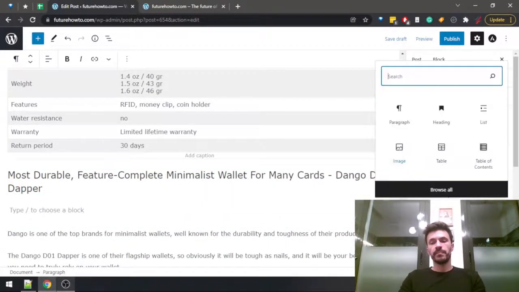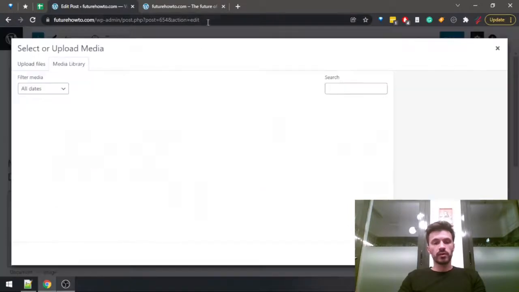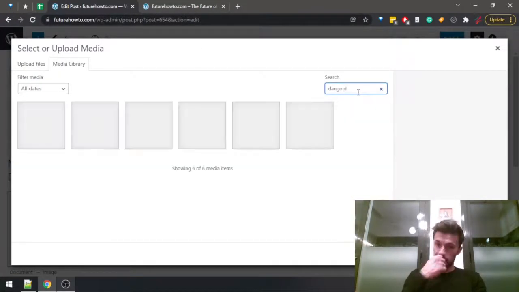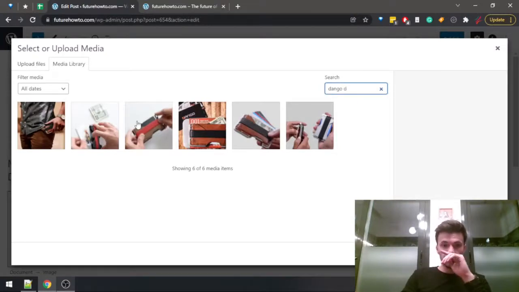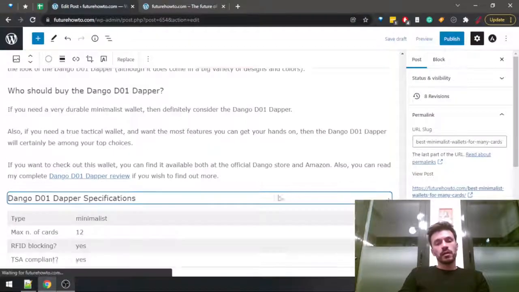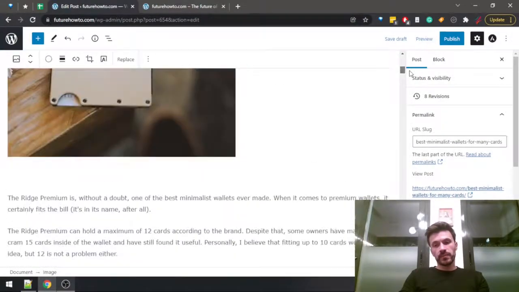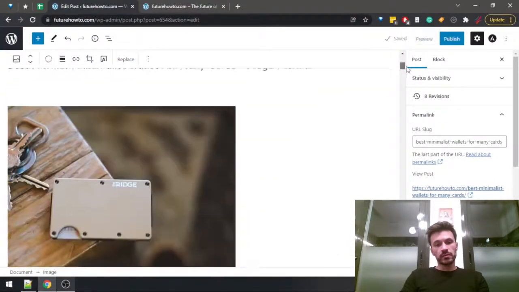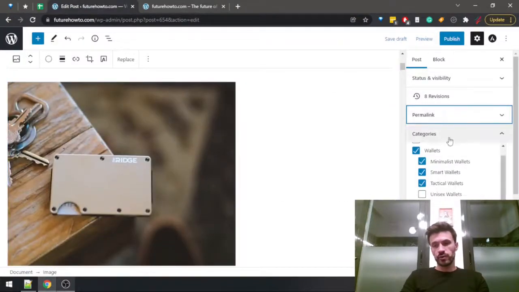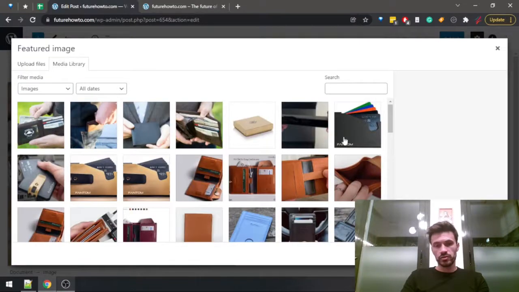So we're gonna wrap this thing up really quickly in here. Dango, maybe this one is good. There we go. Usually I like to use the first one as the featured image.